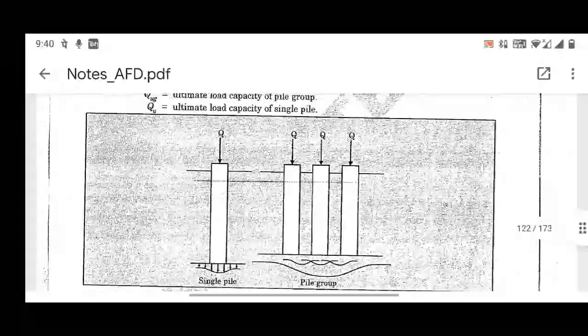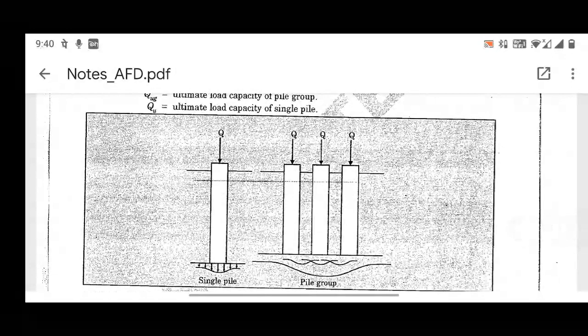Now you can see from this figure that piles are installed in the ground. First you can see the case of a single pile, then you have the pile group, and you can easily see the stress formation below the pile head. For the single pile, the stress is more at the center and not higher at the edges.